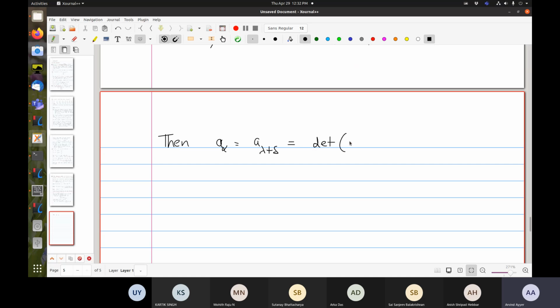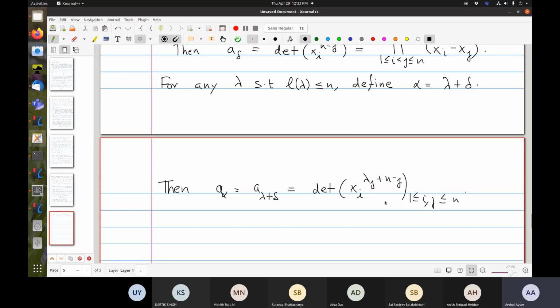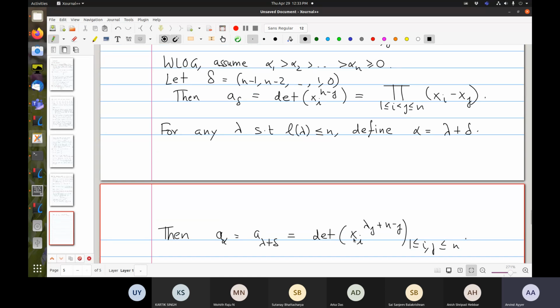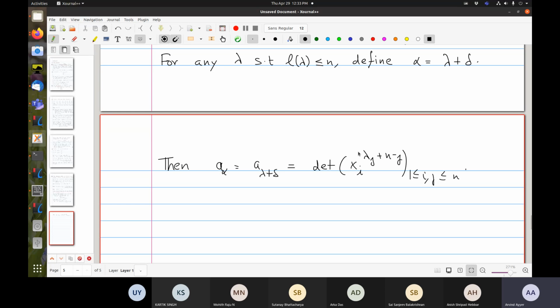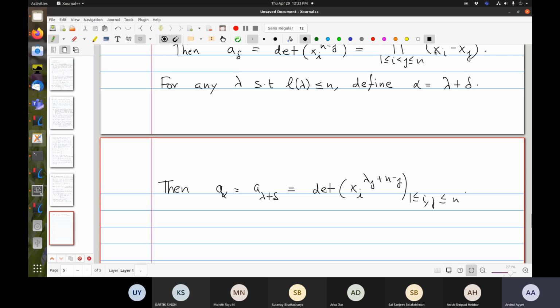So it's the determinant of x_i to the lambda j plus n minus j. Right? And this is also a skew symmetric function of the x_i's, by the same explanation that I gave earlier. So in particular, this means that this is divisible by each x_i minus x_j. So therefore, it is divisible by A delta.